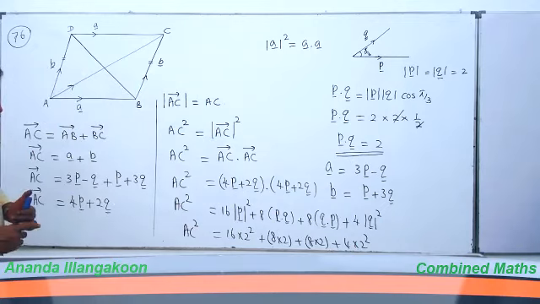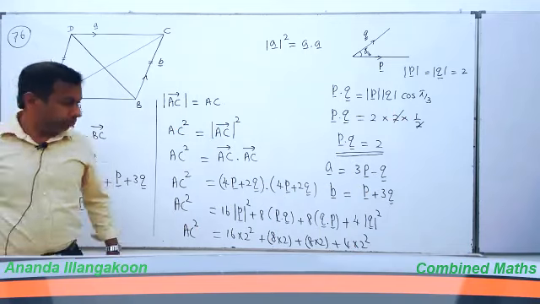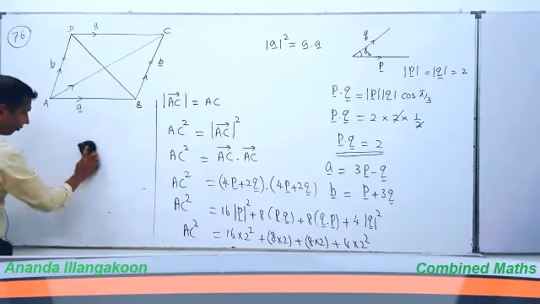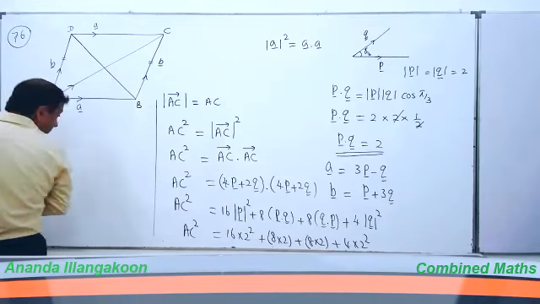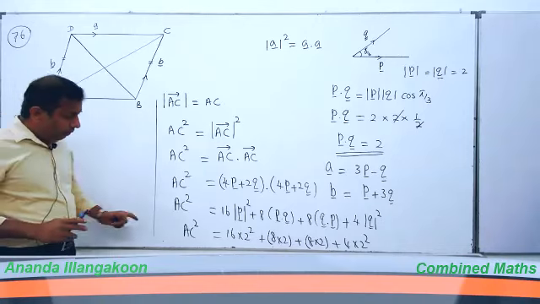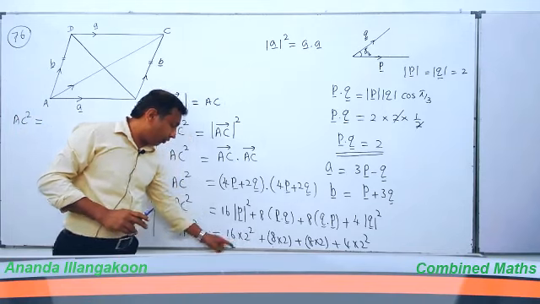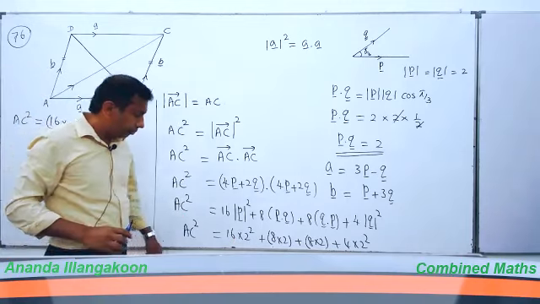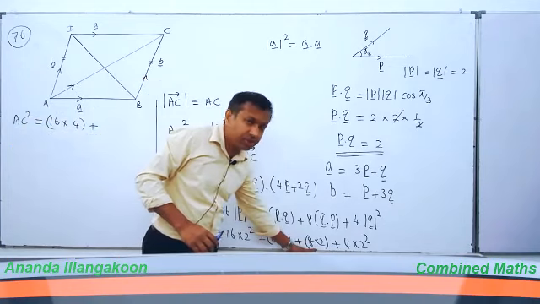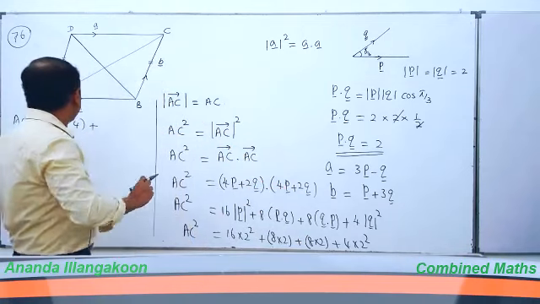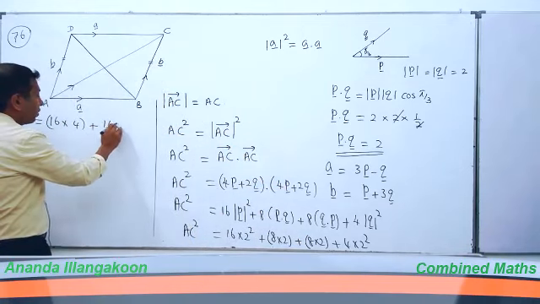Now we'll see how to take this answer. Then AC squared, we can write here: 2 squared is 4, then 16 into 4. 16 multiplied by 4. Here this is 16, this is 16. 16 plus 16 is 32, which I can write as 16 into 2.